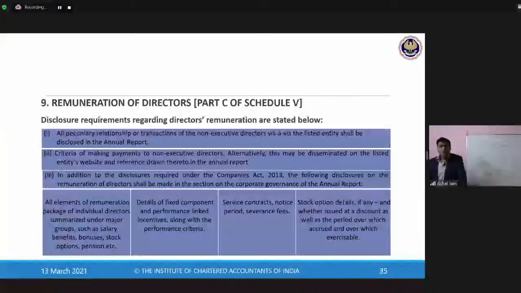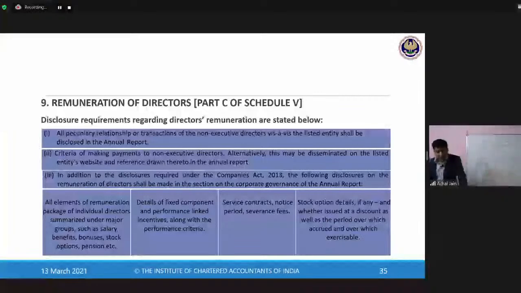In addition to the disclosures required under the Companies Act, that means over and above what the Companies Act requires, the following disclosures regarding the remuneration of directors will be made in the section on corporate governance, which forms part of the annual report. Let's see those requirements.